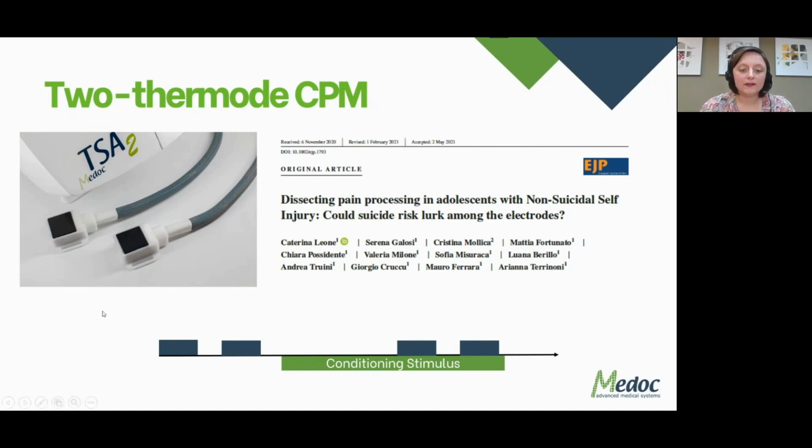They did the test stimulus first, repeated it twice, and asked for pain rating. Then they started the conditioning stimulus and applied the test stimulus again. If there was a reduction in pain rating, it means that the CPM is efficient. And if there was no reduction or even some facilitation, then the CPM is impaired and there is some impairment in the endogenous pain modulation mechanism.